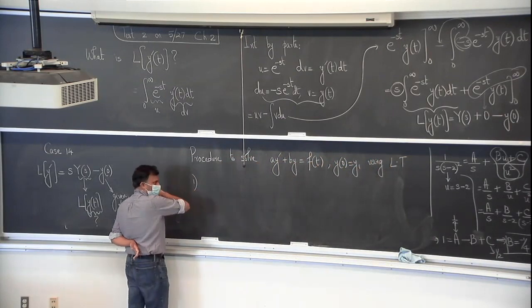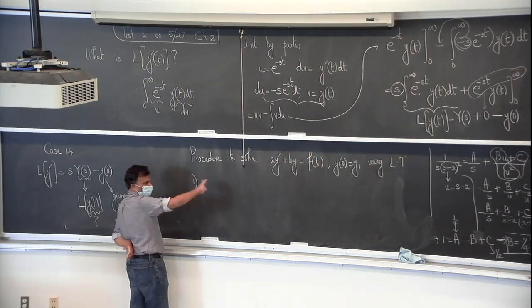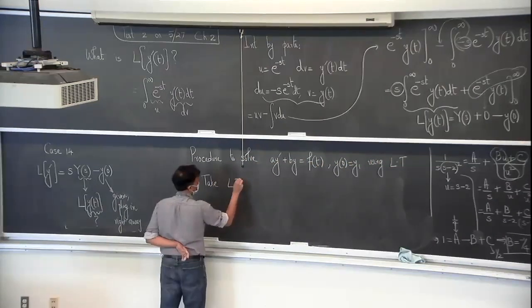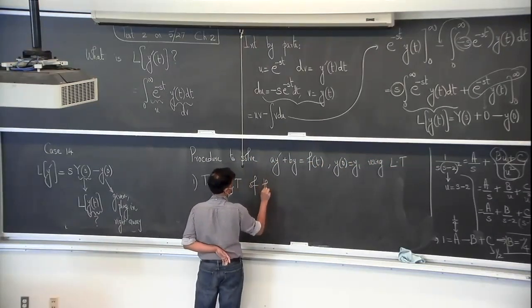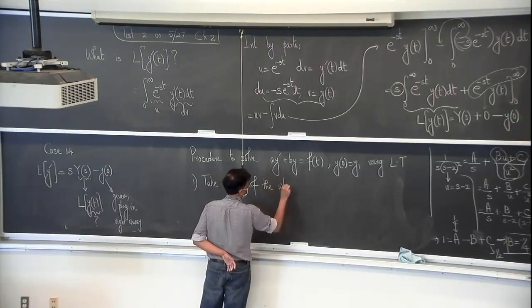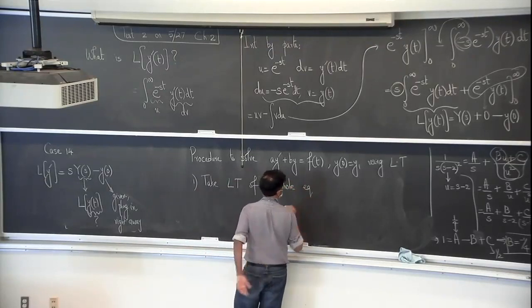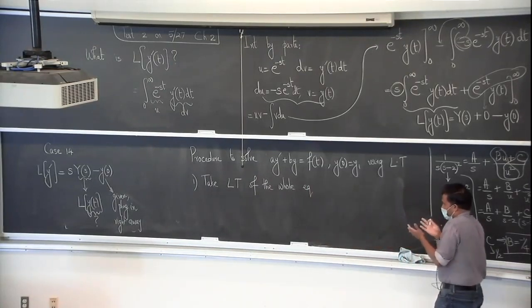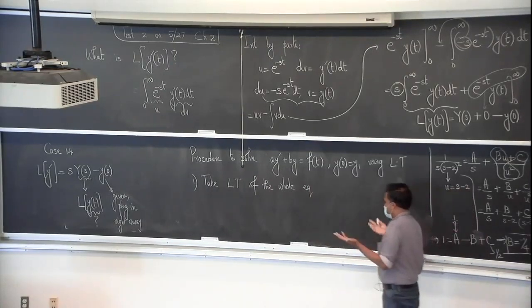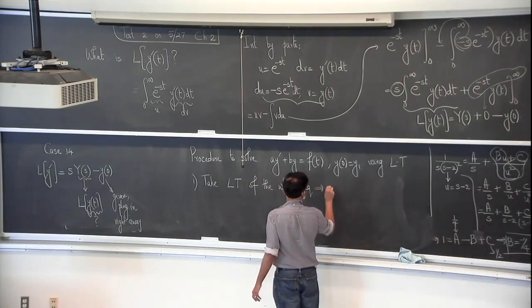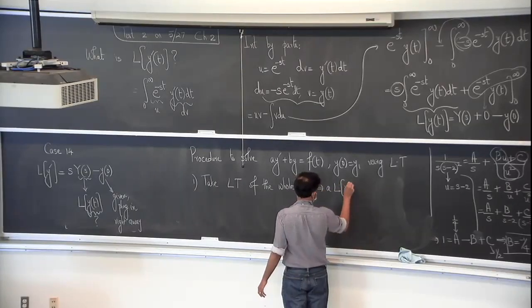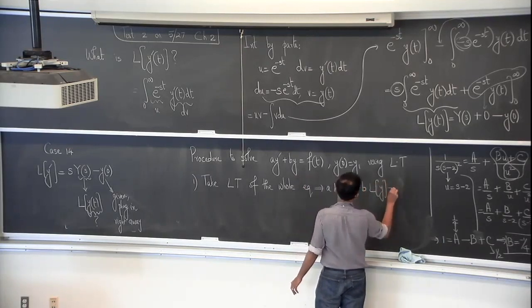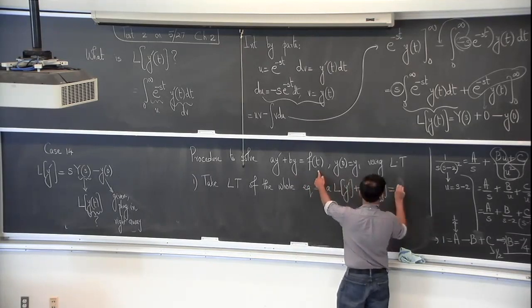Step 1, take the Laplace transform from left to right of the entire equation. Remember that a and b are numbers, so those will have some values given in the question. So all you're doing is a times Laplace of y prime plus b times Laplace of y equal to Laplace of f of t.